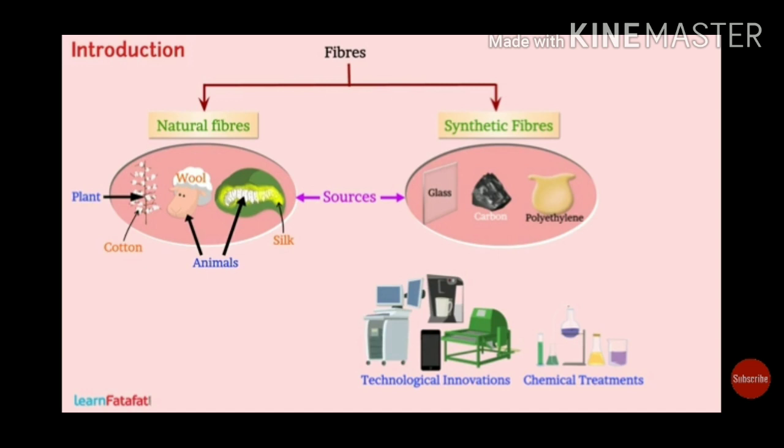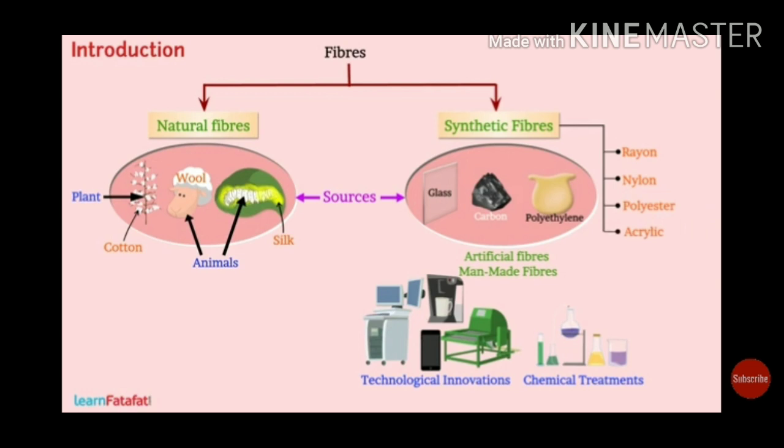Of course, today we have many varieties of very fashionable dresses in the market, but how are all these fabrics actually created? Are they naturally created or artificially created? To understand more about these fabrics and their types, let us start the class.